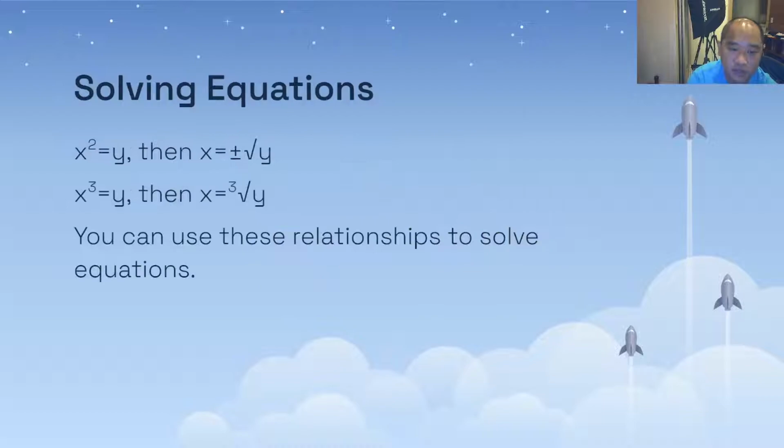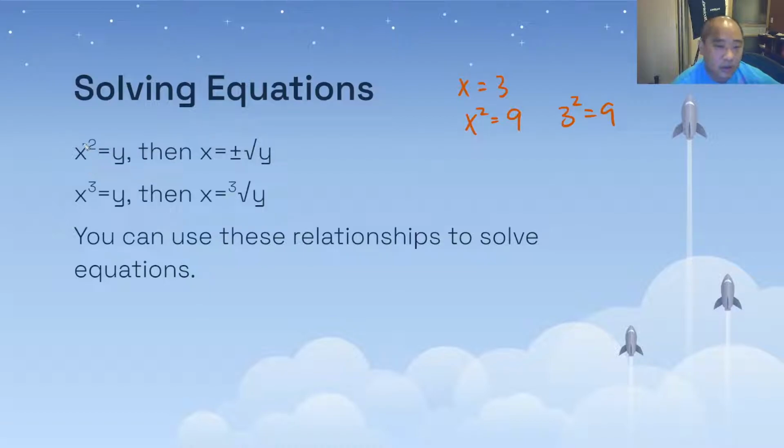Okay, solving equations. So here you can see that x squared equals y, right? So let's say x is equal to 3. X squared equals 9, right? Because 3 squared equals 9.